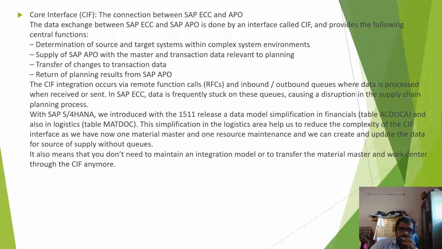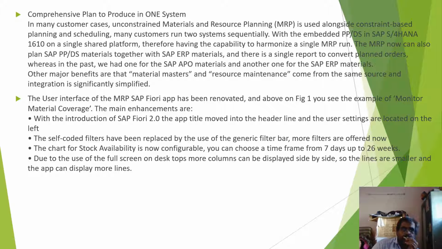We can create and update the data for source of supply without queues. It also means that you don't need to maintain an integration model or to transfer material master and work center through SIF anymore. So, a comprehensive plan to produce in one system.